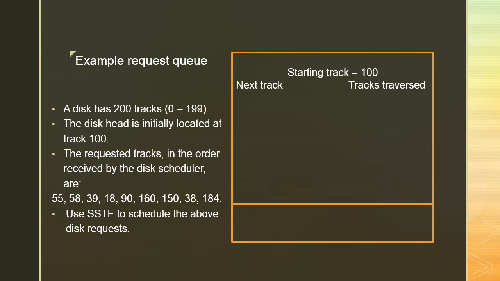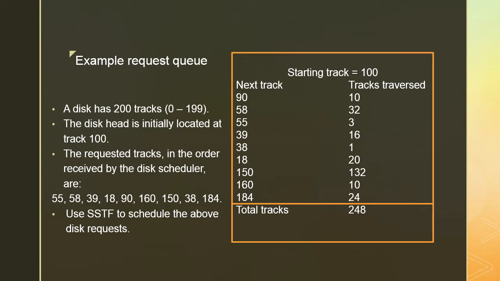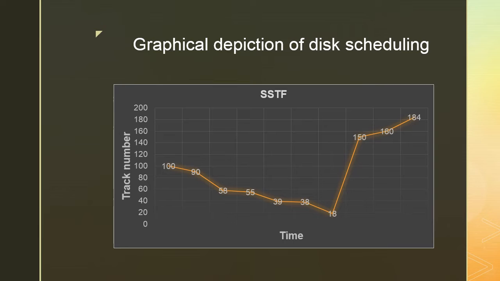We start from track 100, then go to track 90, then 58, then 55, then 39, then 38, then 18, then 150, then 160, then 184. Total tracks are 248. Average seek length is 27.56. This is how the head moves for SSTF.